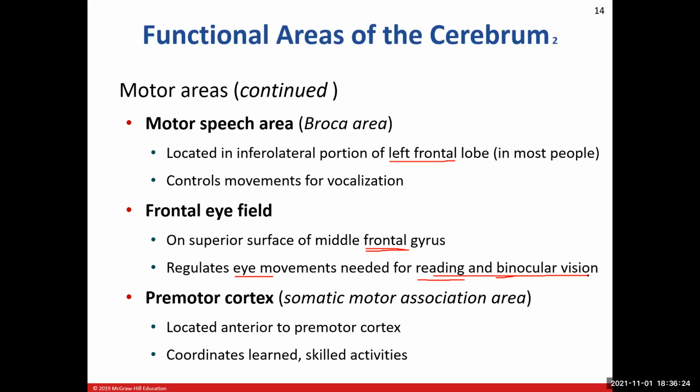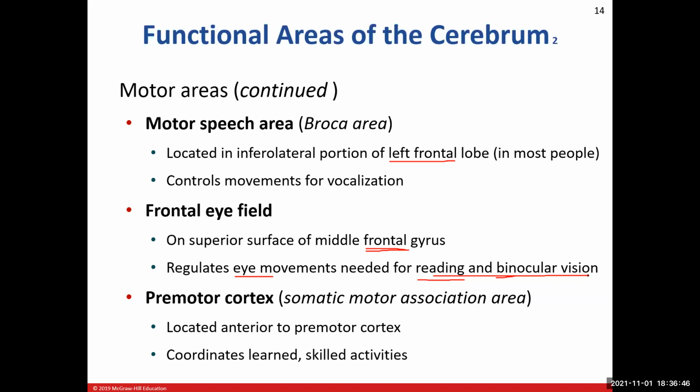For example, when you play the piano or an instrument, the guitar, or if you're learning how to play darts and you notice that you've gotten better after years gone by because you've practiced, well, it's the premotor cortex, this association area, that helps to refine and coordinate some of these learned activities.